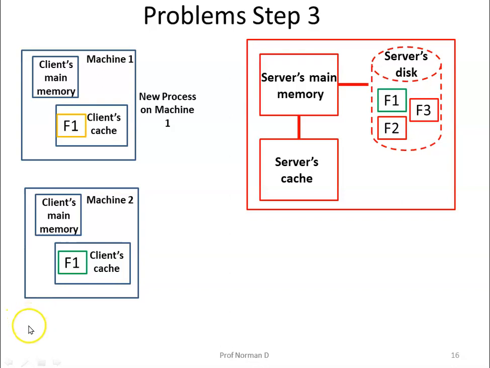Finally, a new client process is started on machine A. This new process wants to read the same file. So the first thing it does is open the cache and read the file F1, which is taken from the cache. So unfortunately this particular process gets an obsolete value of F1.